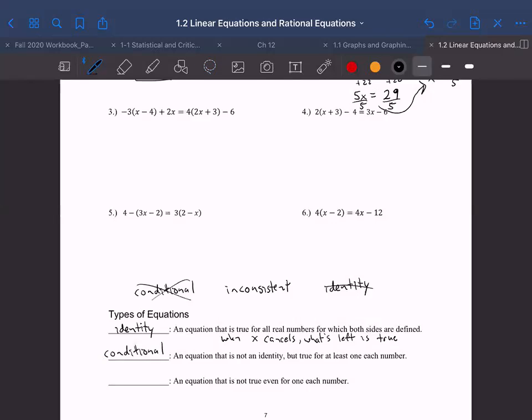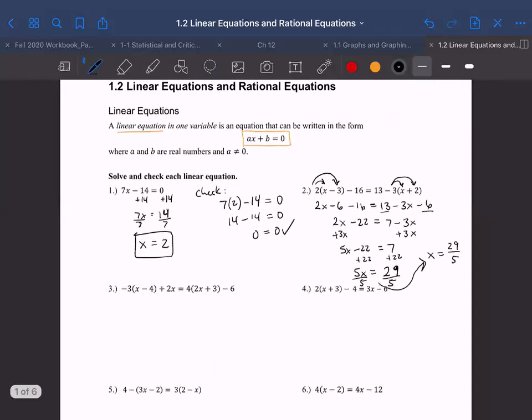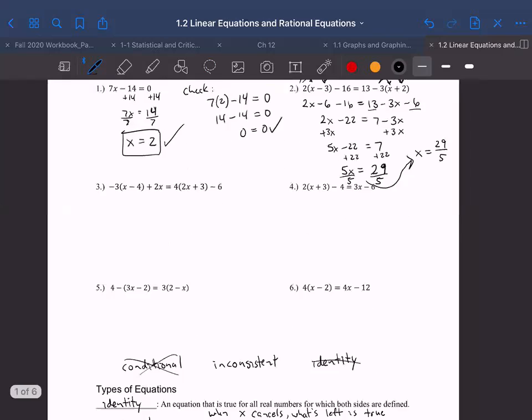That means that it's like this one up here. This one is conditional. Because we solved it, we had at least one, there could be more than one, but we had at least one solution where it works. So that equation, the 7x minus 14 equals 0, is true on the condition that x is equal to 2. It's not true for every value of x. It's true under that condition that x equals 2.